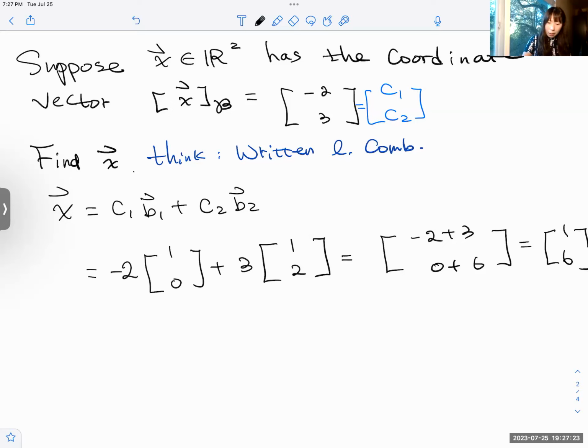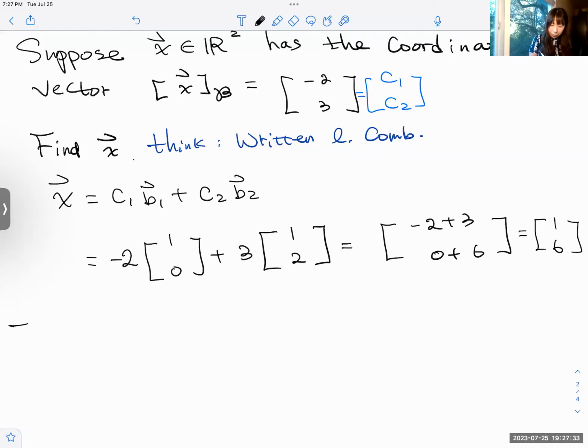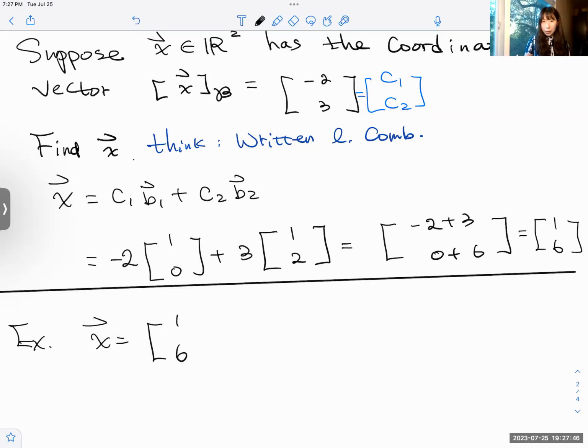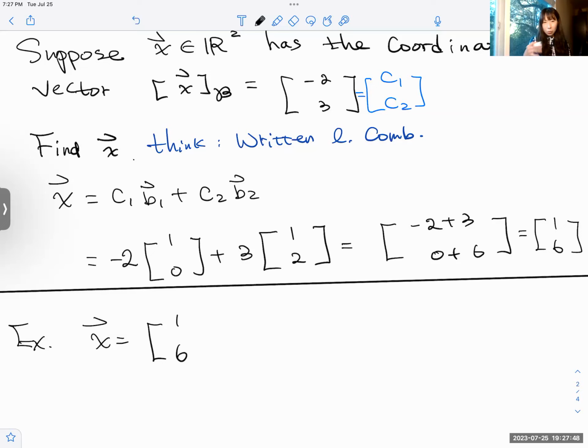Let me arrange a little bit. Now we have the vector x, which is 1 and 6. Maybe I want to make this separate, but it's related.